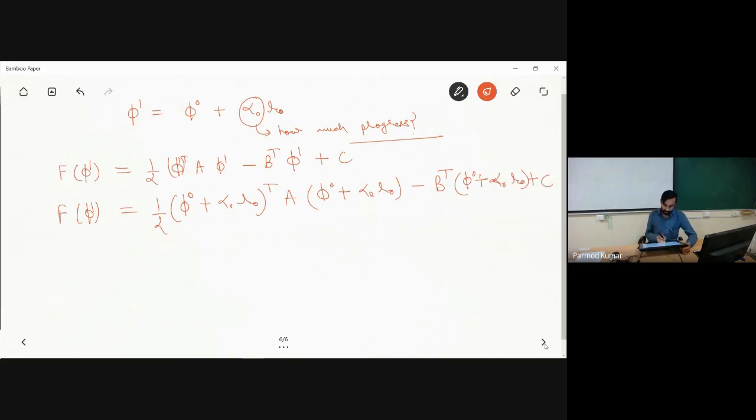Now over here, if you see, the parameter which is controlling the function is alpha naught, because phi naught is the guessed value and r naught is also known corresponding to the guessed value.